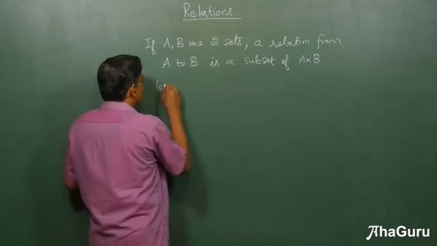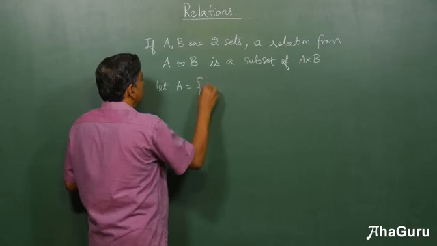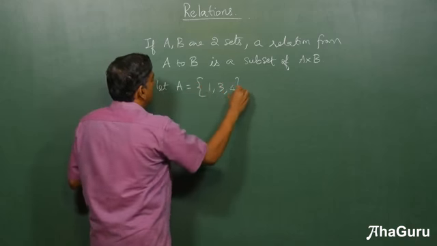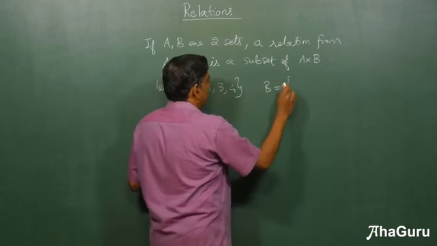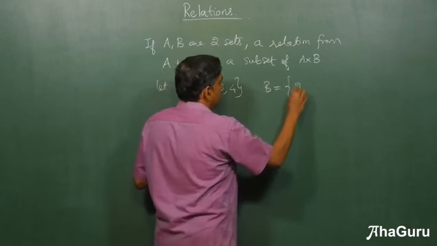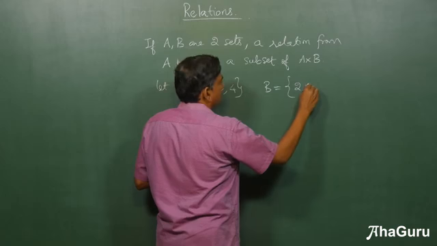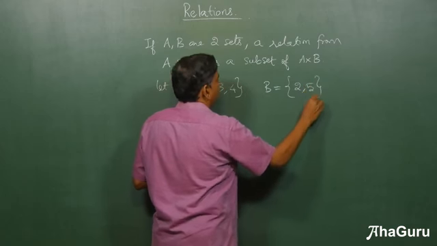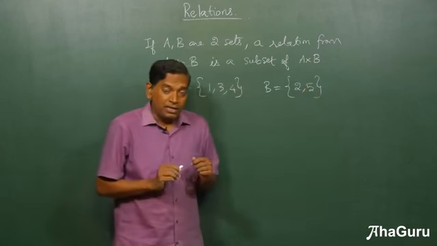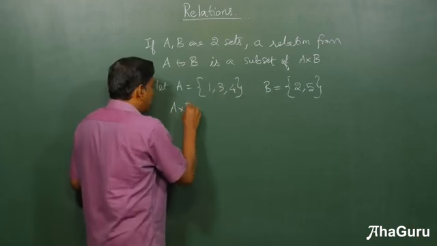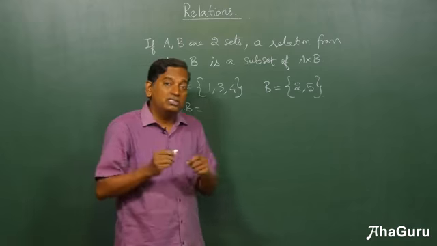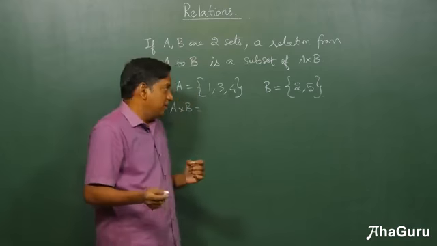So suppose, let's say set A is the set 1, 3 and 4, okay, and set B is the set 2, 5. Okay. Now we know that A cross B contains all possible ordered pairs, right?